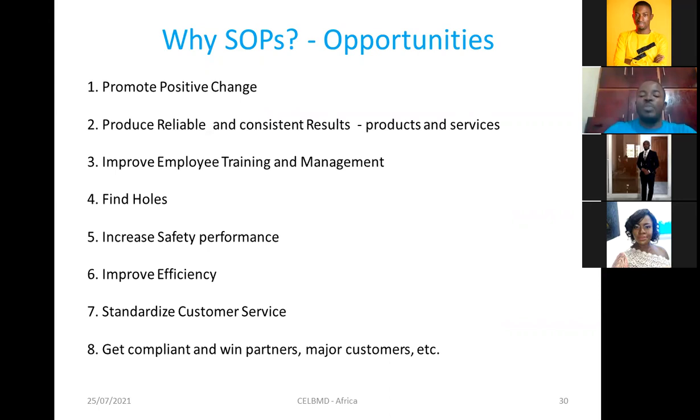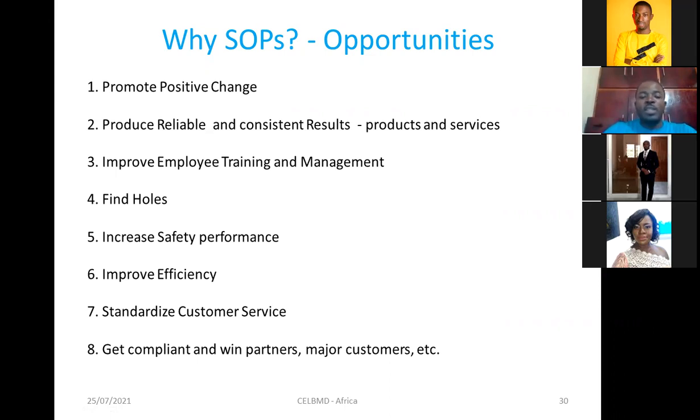Safety performance will be increased because besides the procedure to conduct the task being very clear, the equipment, the tools, and the safety rules to conduct it safely are also elaborated in the SOPs. Recall, we have said that an SOP can't be complete if the necessary tools, equipment, and safety precautions to implement that task are not included in the procedure.